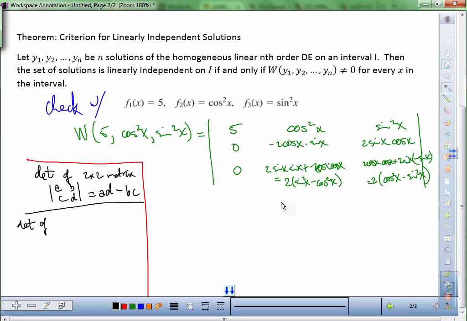Determinant of a 3 by 3 matrix, and let's use A, B, C, D, E, F, G, H, I as our matrix. It's going to be a bit of a process, and what we do here is we expand on a row or a column, and we can pick any row or any column we want to expand on.